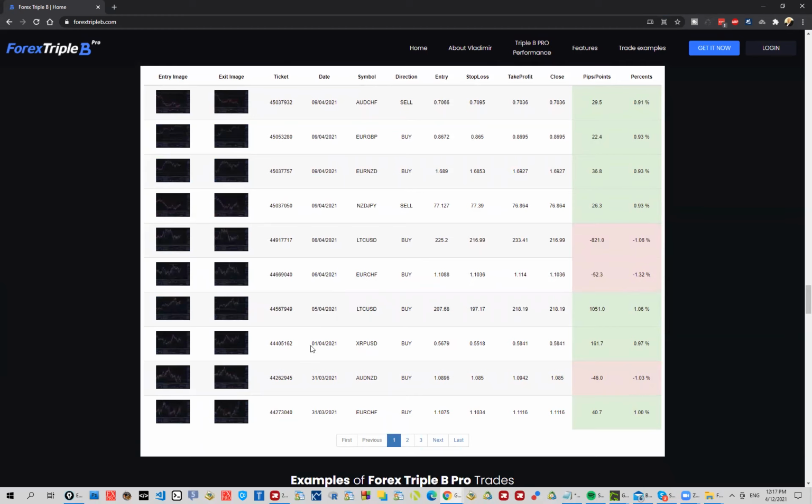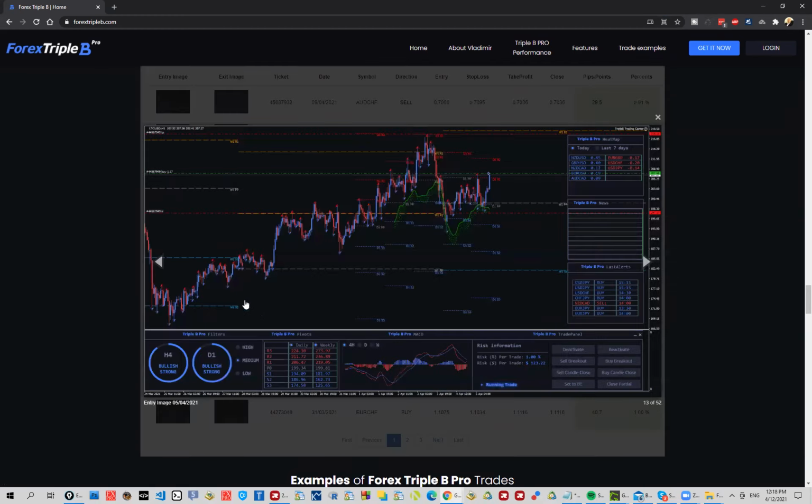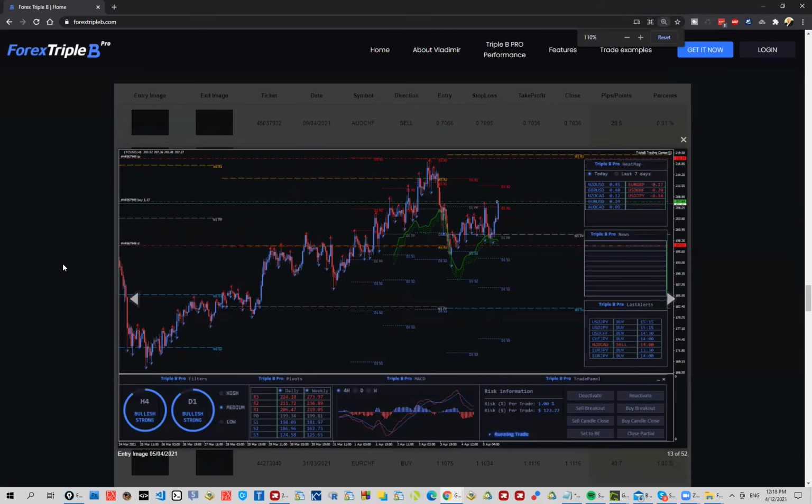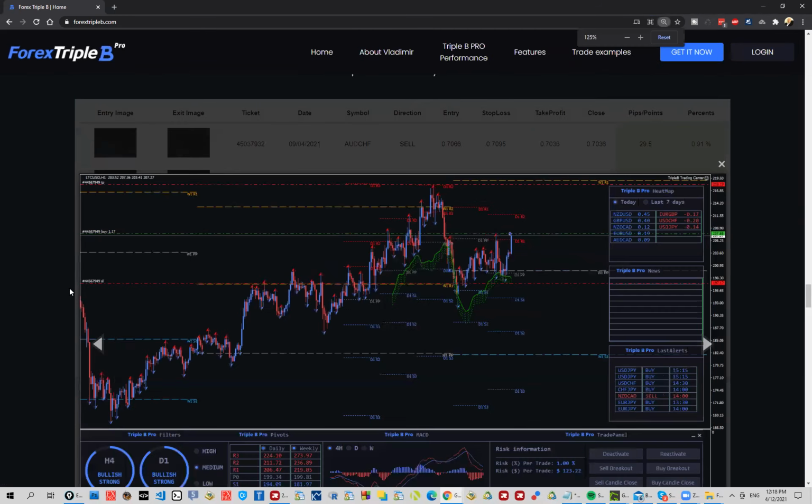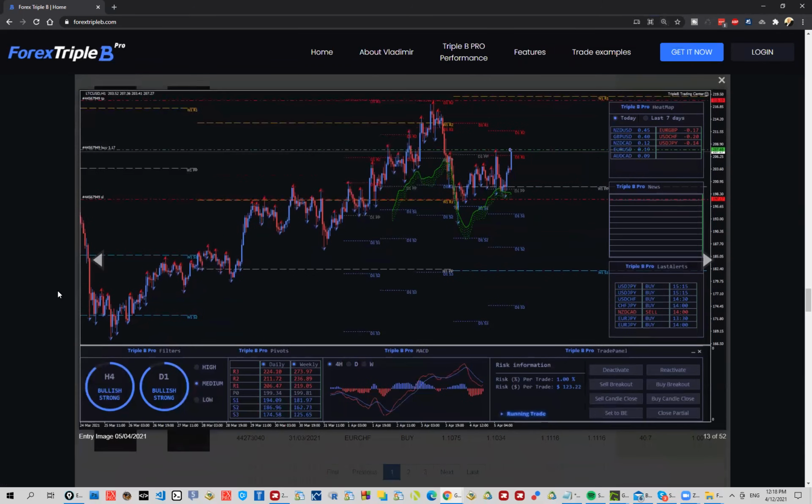Now, the first thing we're going to check is the crypto Litecoin. This is the 1 hour chart. I hope you can see the image well now. So how and where do we start? Well, when it comes to Triple B, the first thing you want to be checking is, of course, the filters.